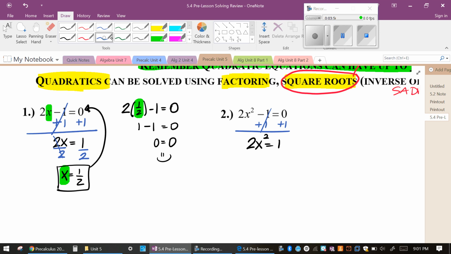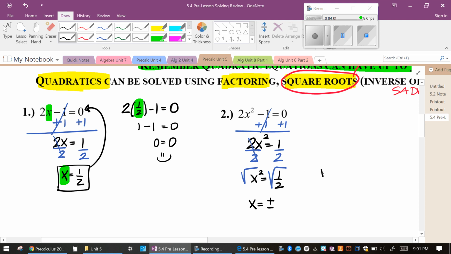Then I'm going to cancel multiplication or division. Then I'm going to cancel the exponent, so I'm going to square root. And remember, when you square root while solving, you're going to have 2 answers, a plus and a minus.